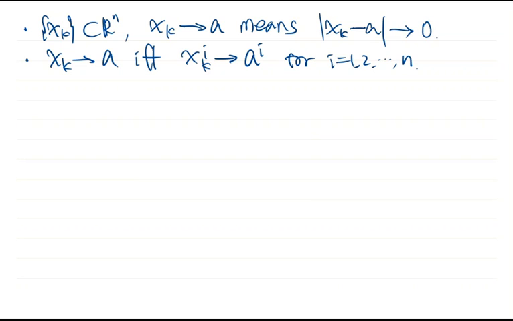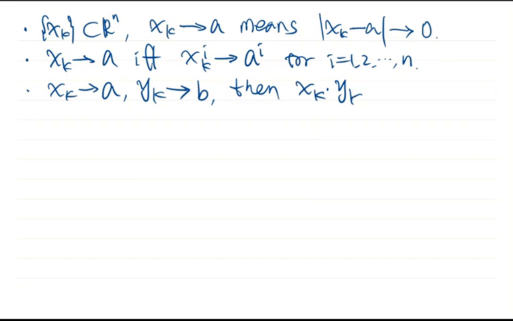And using this property, we have shown you that if xk converges to A, yk converges to B, then the scalar product of xk, yk converges to A dot B. Now I want to remind you that xk and yk are sequences in Rn, but their scalar product is a sequence of real numbers.